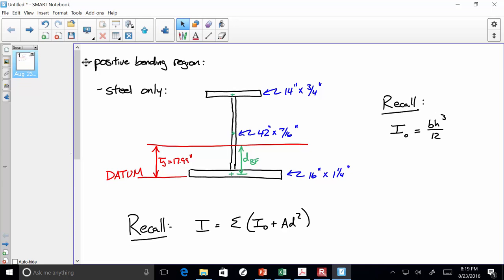So let's do this. Let's do a short-term composite section. Let's do an interior girder. It really doesn't matter. We could do an exterior girder. We could do an interior. It doesn't matter. Okay. Let's do a short-term interior.